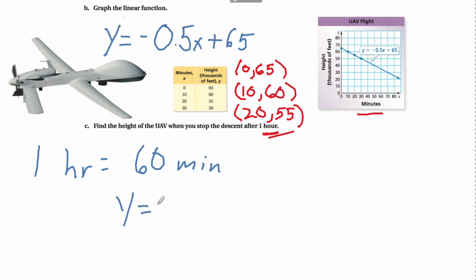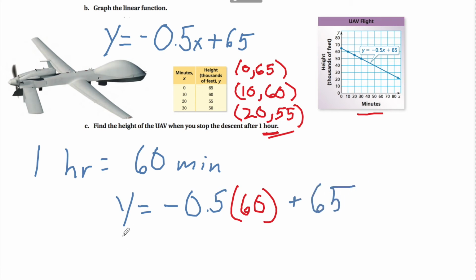Y equals negative 0.5, plug in 60 for x, because x was our minutes. So y equals negative 0.5 times 60 plus 65. When we solve this, y is equal to negative 30 plus 65.